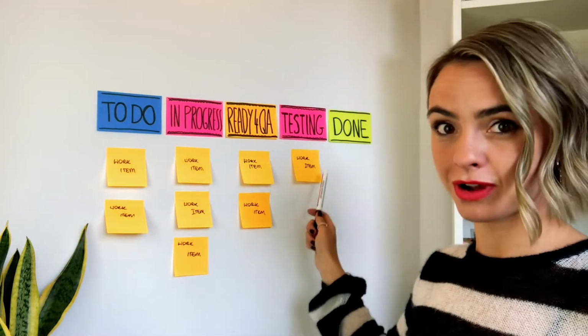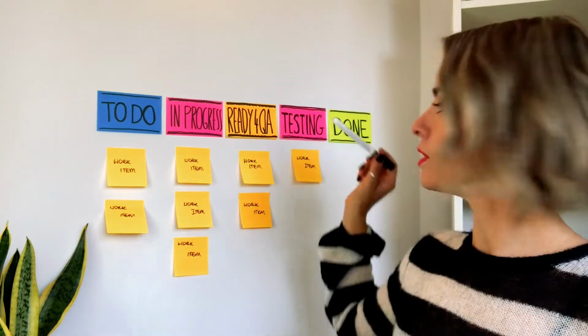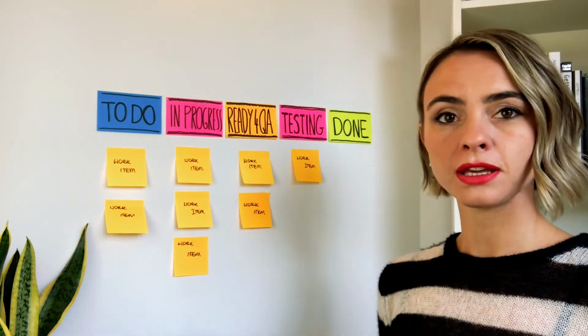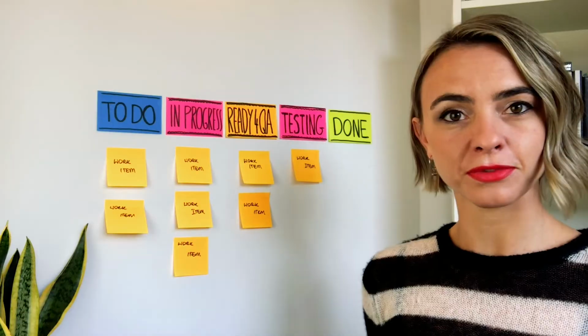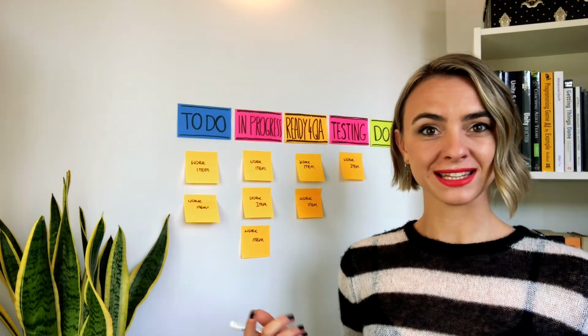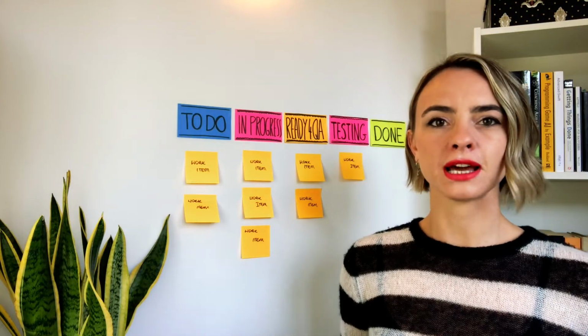So you go from right to left on your board, reviewing every single item you have in progress. This way, you can focus on finishing something today. You can even ask the question at the beginning, what can we finish today? And let the team self-organize to get it done.